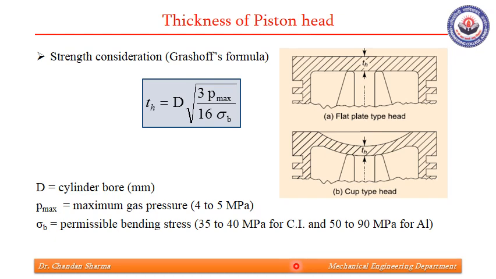If we use cast iron, its value is 35 to 40 megapascal, and if we use aluminium, its value lies between 50 to 90 megapascal, and D is cylinder bore, which we have already found. So using this formula, we can find what would be thickness of piston head. This is from the strength point of view.